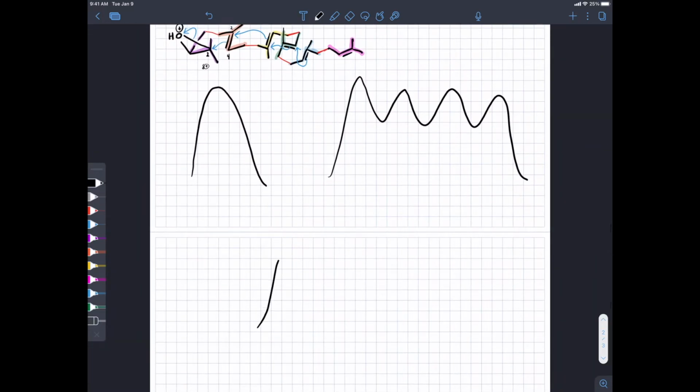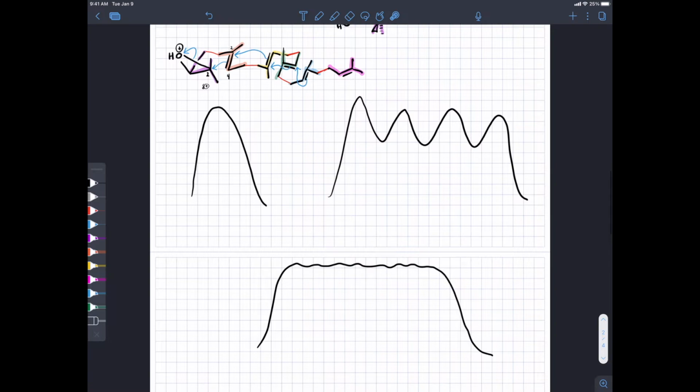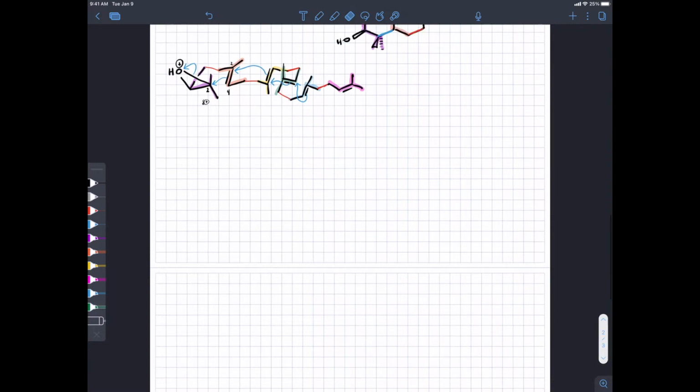What if instead of that we just had a very broad transition state without discernible intermediates? It's sort of flat, but it actually takes a long time. That's probably what's going on here, at least according to the calculations. So it's sort of a rugged potential energy landscape with a plateau rather than a peak. And that's at least what the evidence suggests is happening.